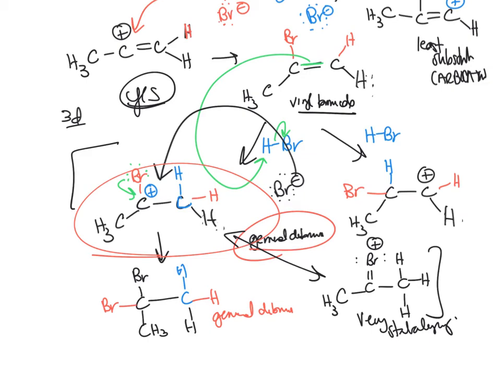All right, now for 4. Question number 4. In the addition of HBr to 2-pentyne, so draw 2-pentyne, 1, 2, 3, 4, 5.